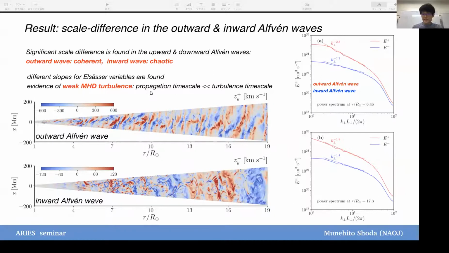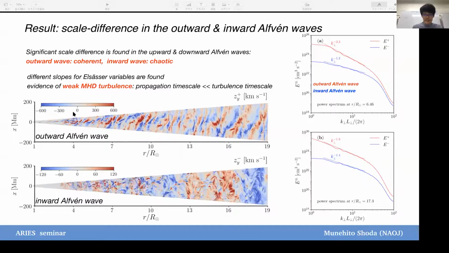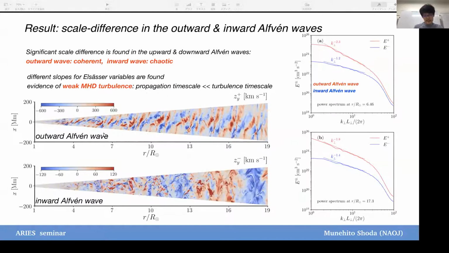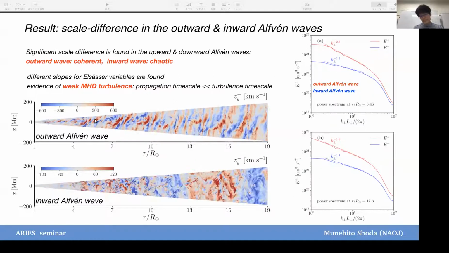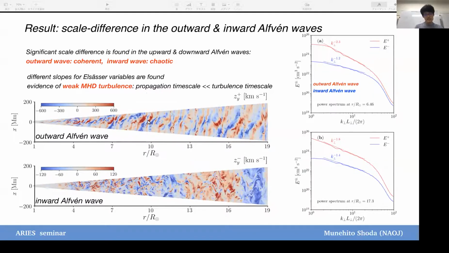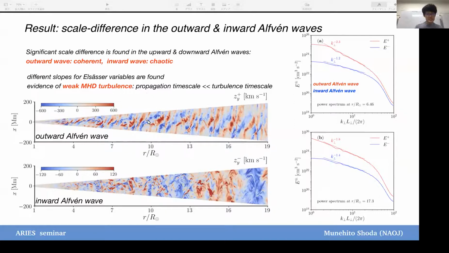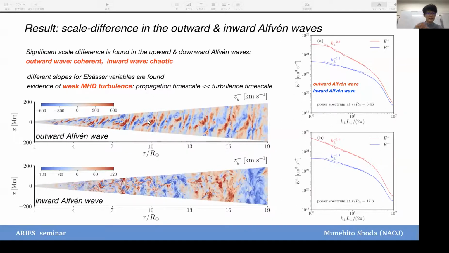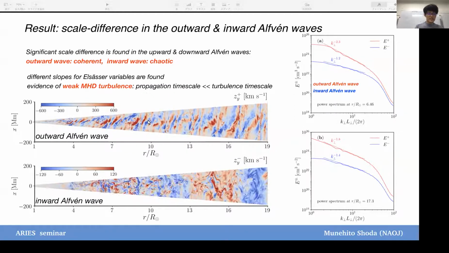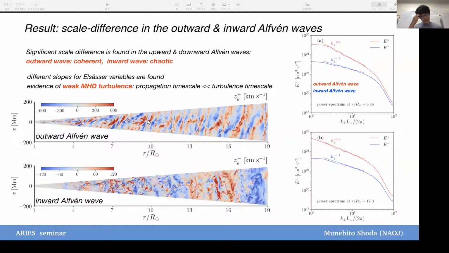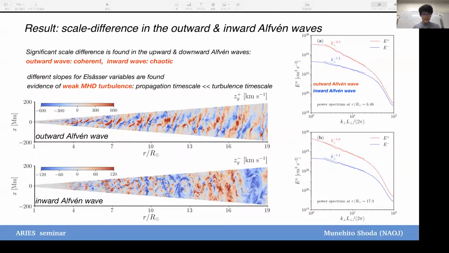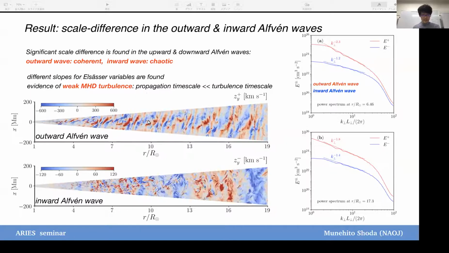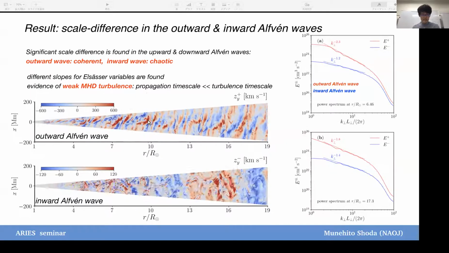Our simulation result directly shows that, at least in the energy containing scale, the turbulence in the solar wind is weak MHD turbulence, so the linear time scale is smaller than the nonlinear time scale. This means the Alfvén waves propagate from the base of the corona into the solar wind with small turbulent distortion during the propagation.